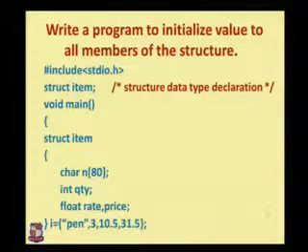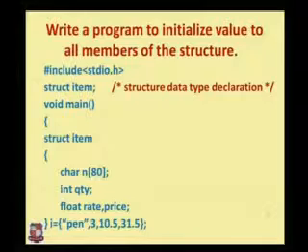Suppose there is a question: write a program to initialize the values of all members of a structure. We include more than one variable, and we have to initialize these variables. Then struct item, then void main, and in the struct item template we have character n, the name of the item, of size 80. Then the quantity, an integer.